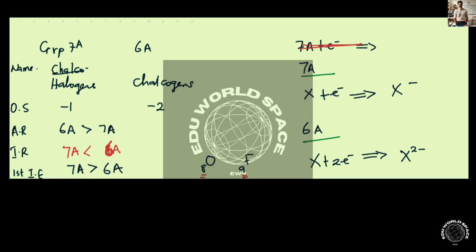And then the second ionization energy is the energy that's required to remove the second electron. Let's say you remove the first electron from O and F: you're going to have 8 O positive and 9 F positive.